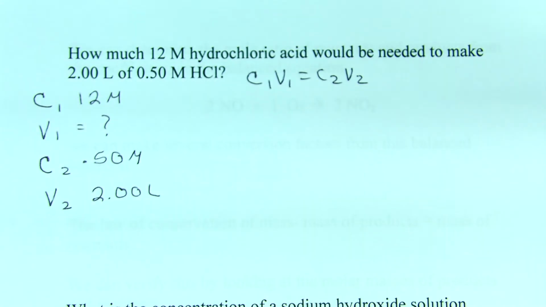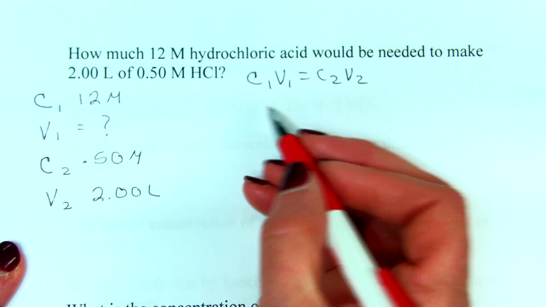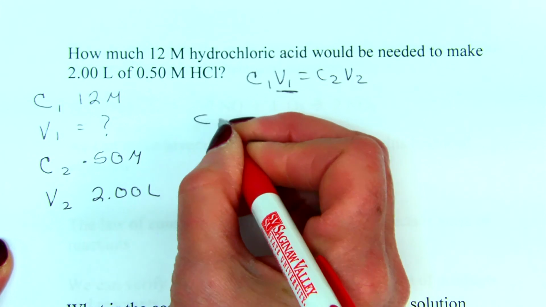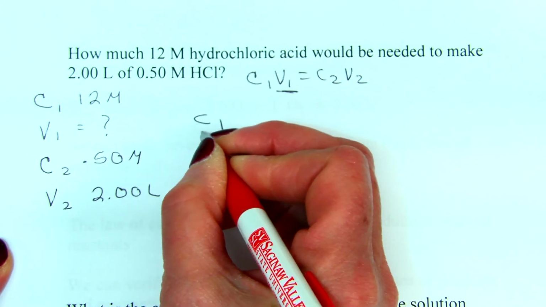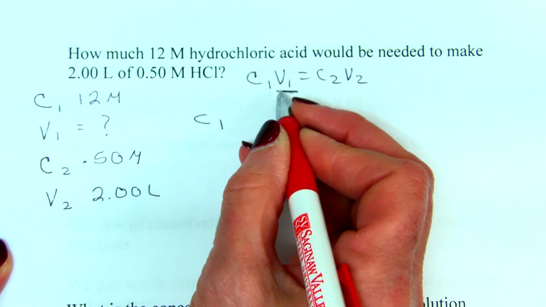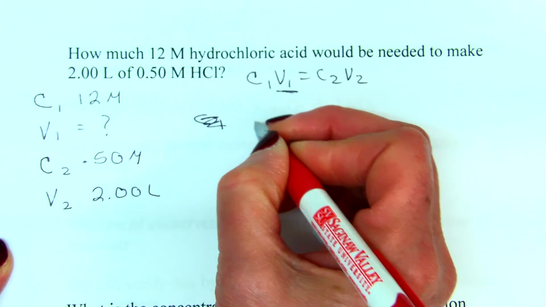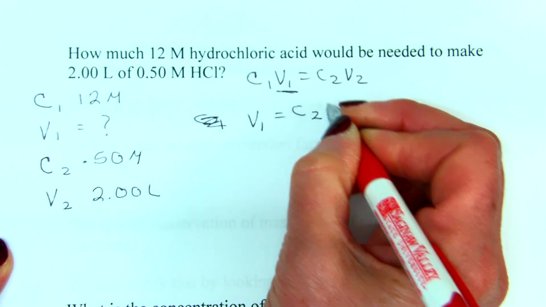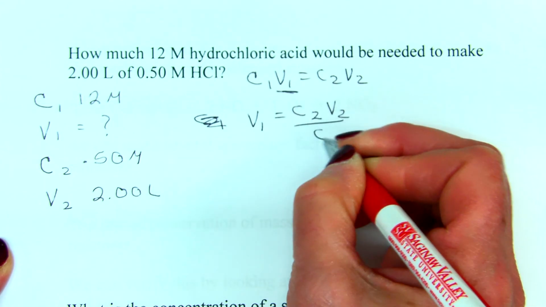And you can go ahead and just write this out, putting all the numbers in here and then rearranging. How many of you like to do it that way because you were raised with a calculator? Nobody likes to do it that way. Yeah, I know you don't like to do these anyway, but we'll see what works best for you. I like to rearrange first. I want V1, so C1 times V1. I want this by itself, so I have to rearrange and divide both sides by C1. So V1 is C2V2 over C1.